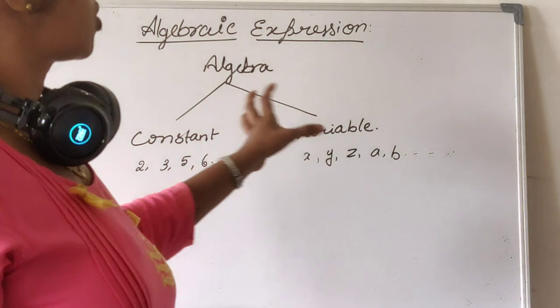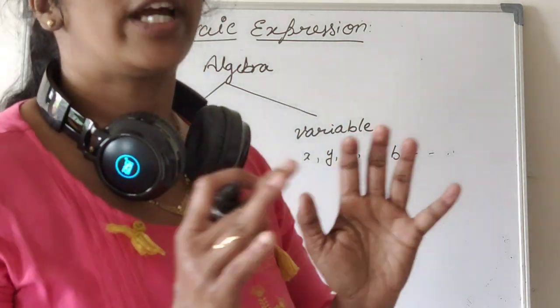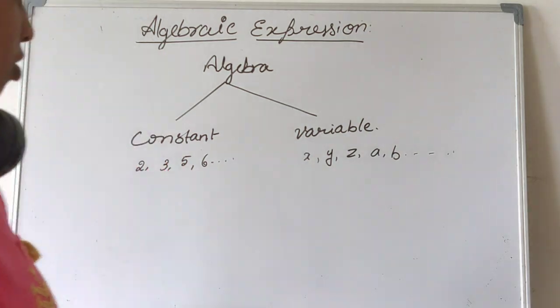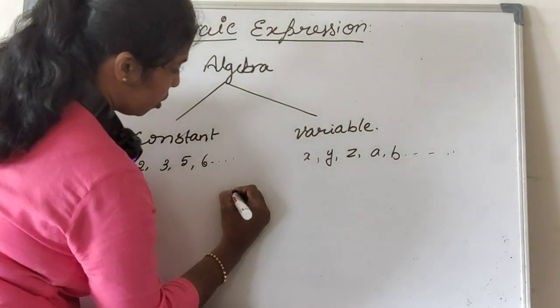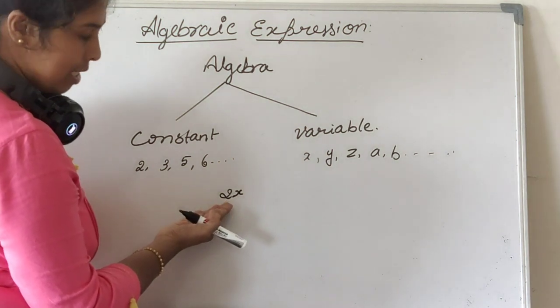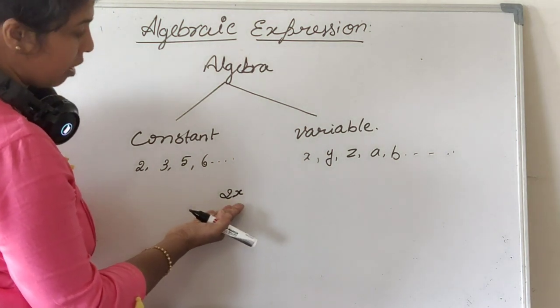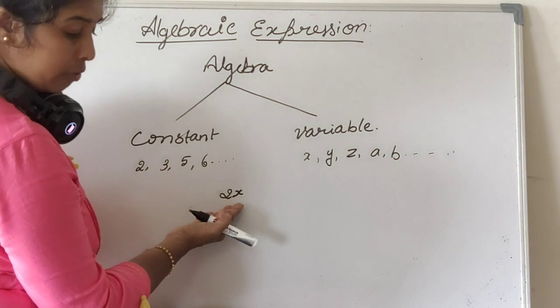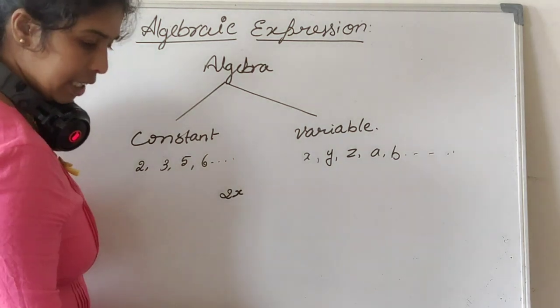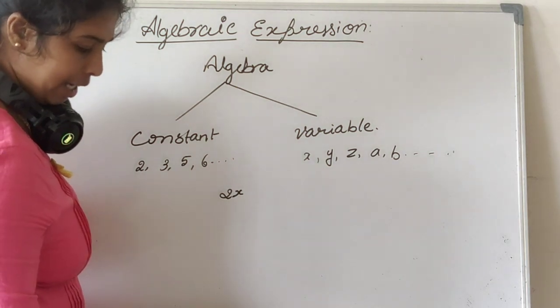So, using constant and variable together forms an expression, an algebraic expression. Understood? If I have taken 2x, this contains a constant and a variable, so it is also an algebraic expression.